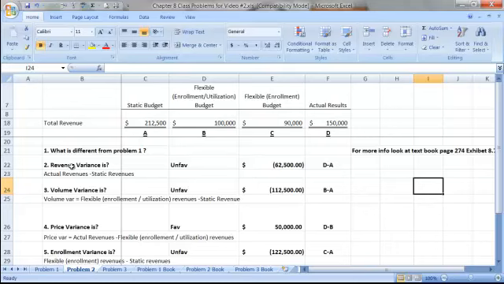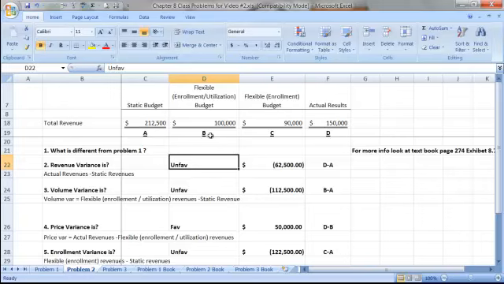Okay, so revenue variance. First of all, this is all just on revenue. All these variances, again, are just on revenue. In the other problem, we had revenue and cost and profit, but this is just going to be with the revenue line. Static budget was 2125, and the actual results were 15.